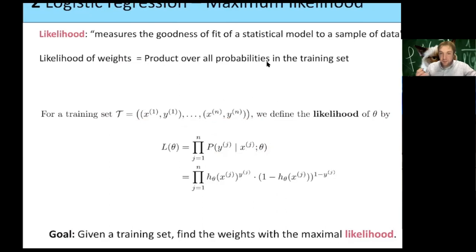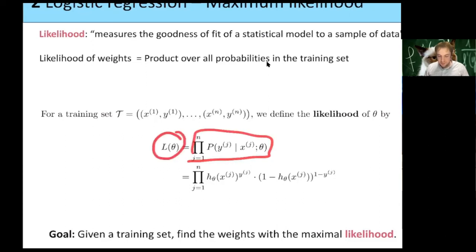And if we take the product over all training examples, this means that we assume that all these things appeared at once. If you ask for the probability of two events appearing at the same time, you multiply the probabilities of these two events. And this is exactly what we do here.